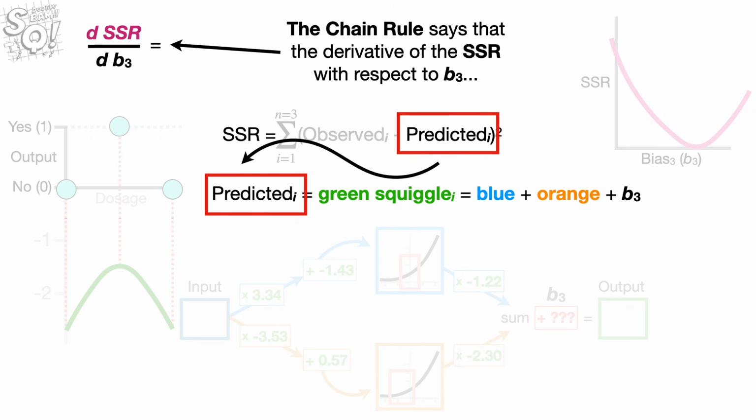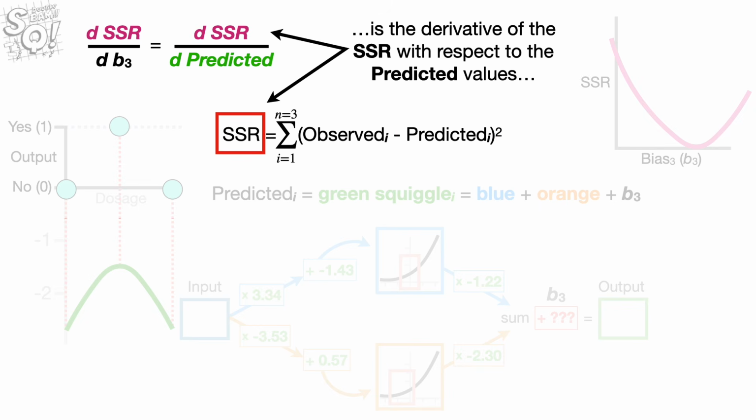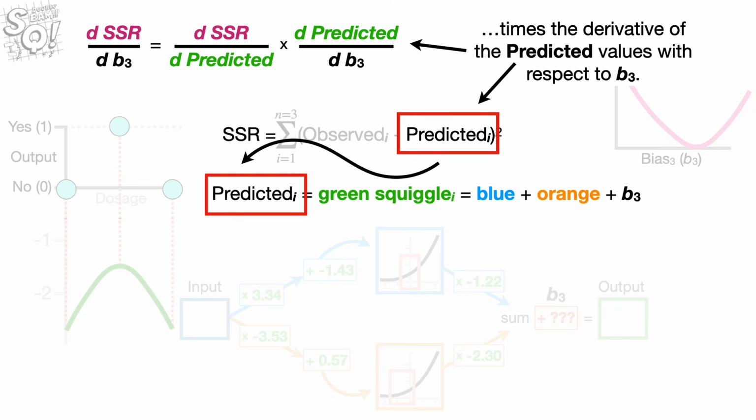The chain rule says that the derivative of the sum of the squared residuals with respect to b sub 3 is the derivative of the sum of the squared residuals with respect to the predicted values times the derivative of the predicted values with respect to b sub 3.